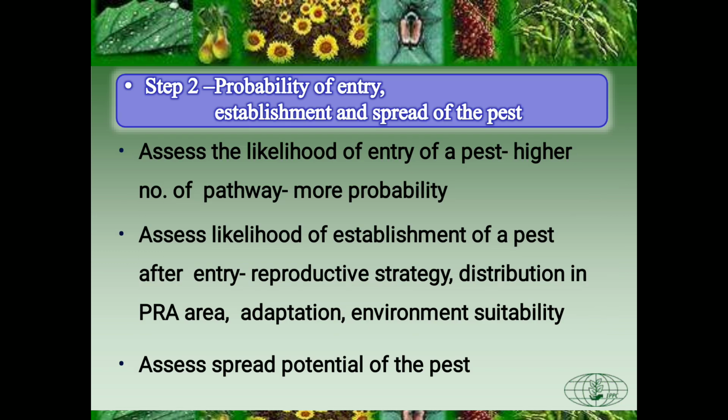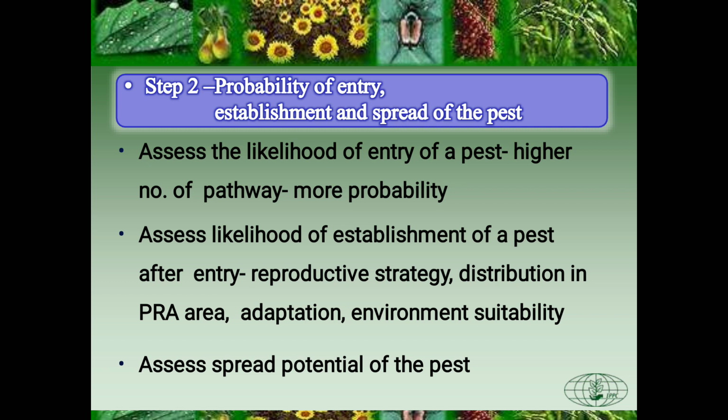After the first step, that is pest categorization, the second step is the probability of entry, establishment and spread of the pest. We assess the probability of entry, establishment and spread of the pest.